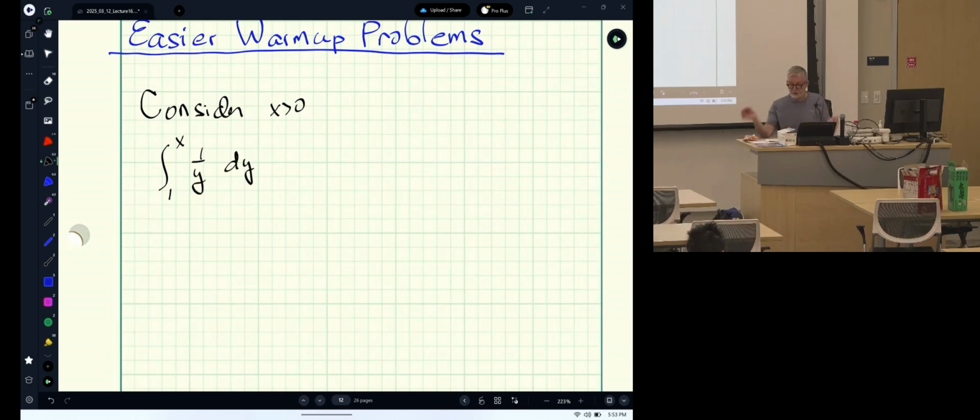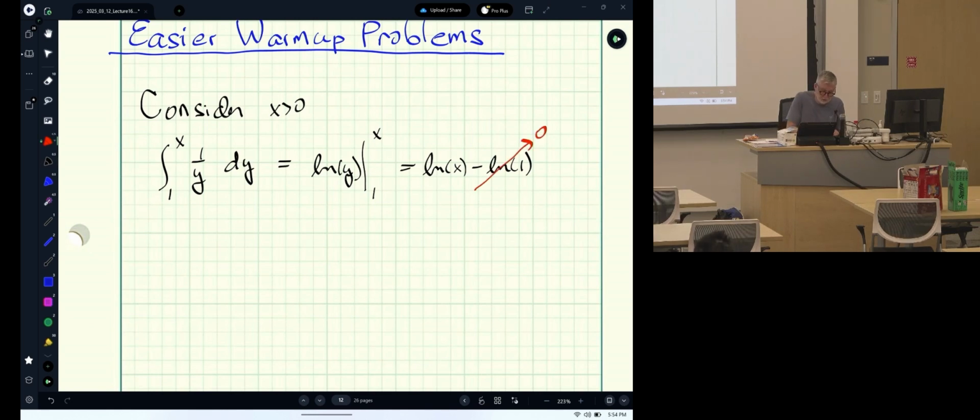And then I'm going to take the limit as x goes to infinity. Okay. We know the antiderivative of 1 over y. That's the natural logarithm of y, evaluated from 1 to x. So that gives us the natural log of x minus the natural log of 1.